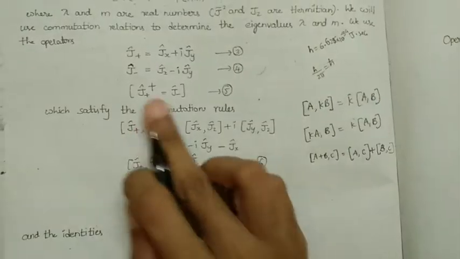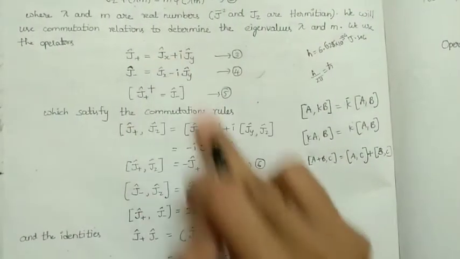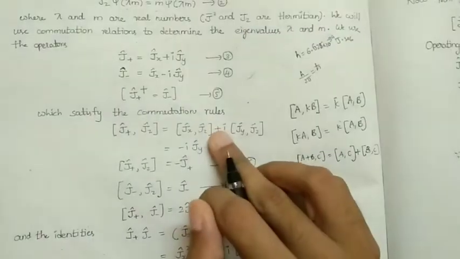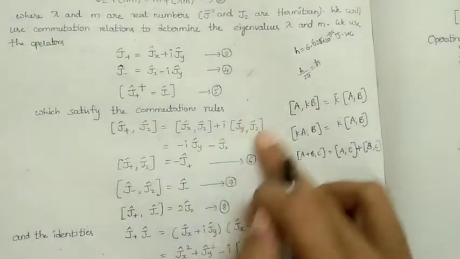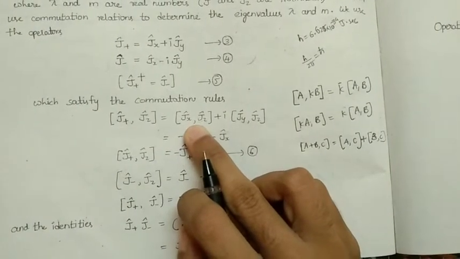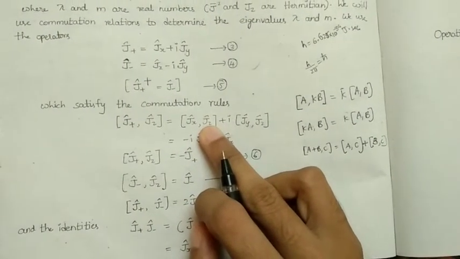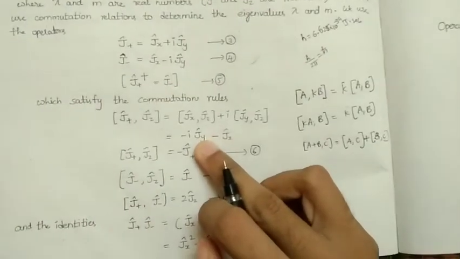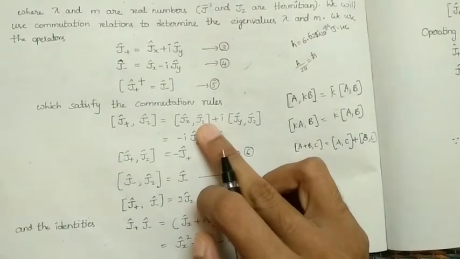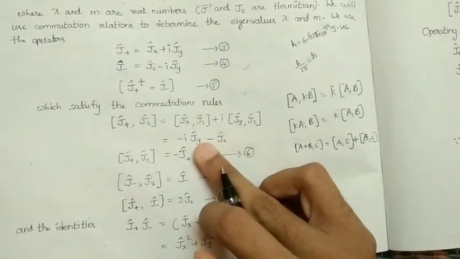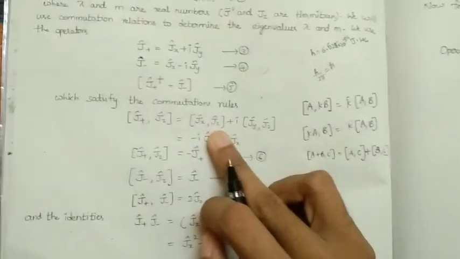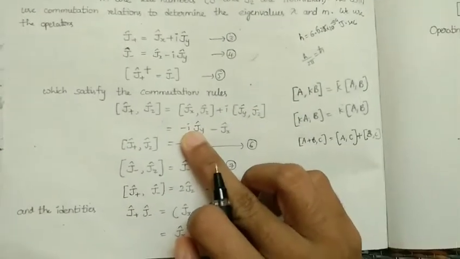Hence we have Jx Jz, and again we have iJy Jz, with i taken outside. As we know the commutation of Jx comma Jz is minus i h cut Jy. Actually, xyz has to come in cyclic order. If it were Jz comma Jx, then we would have got i h cut Jy. But this is Jx comma Jz, so we need to go in cyclic manner, x, y, y, z, z, x. So it is minus i h cut Jy.